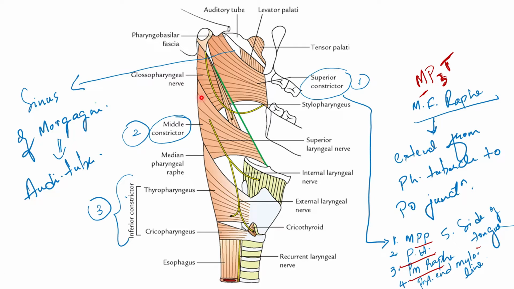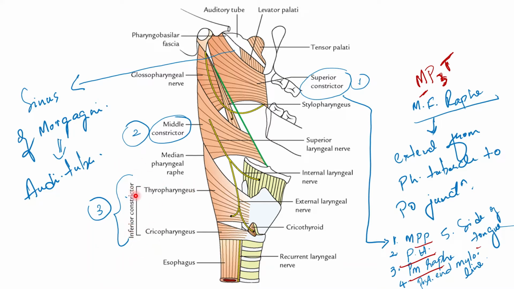The origin of the middle constrictor, in short, is mainly from the cornu of the hyoid bone, both the greater and the lesser cornu. And these fibers are again directed downwards, backwards and medially to get inserted onto the median fibrous raphe.